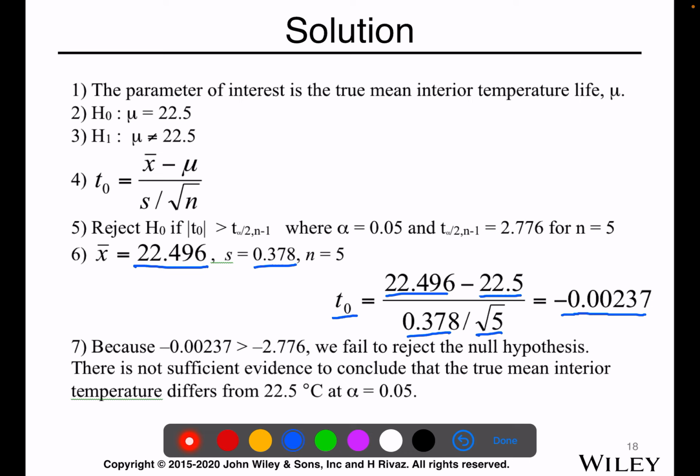So from the table, t of alpha divided by 2 and n minus 1 is going to be 2.77, right?